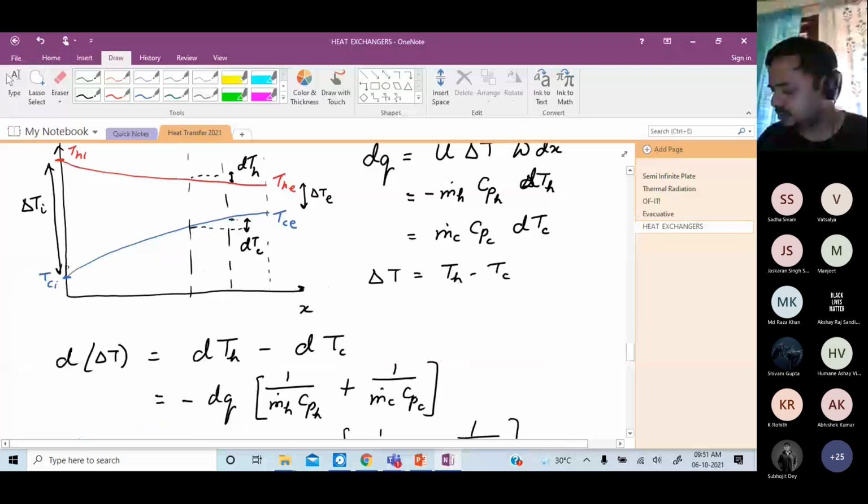So here, my friends, what will happen is if I draw the temperature profiles along it, then it's going to be similar. In the sense, the hot fluid doesn't change. THI. Let us say this is THE.